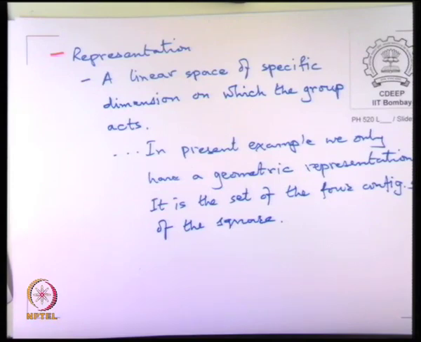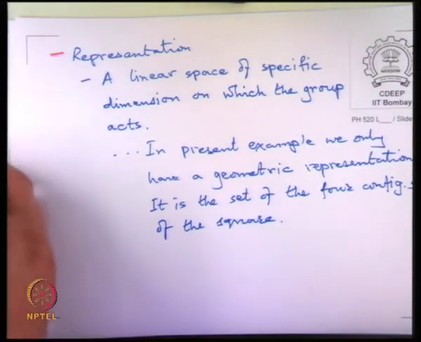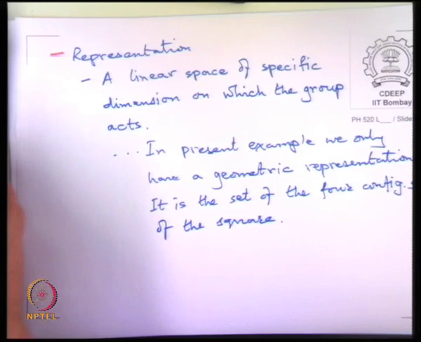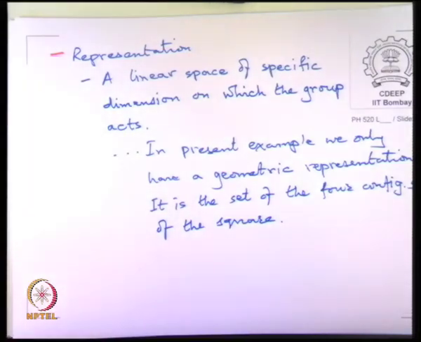I should just warn you that occasionally the way people use language, they mix up realization and representation because they are very close. Realization is the whole package, some space on which the group acts. So that whole package is a concrete realization.